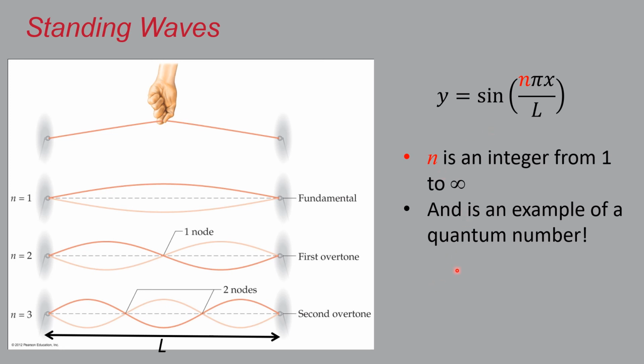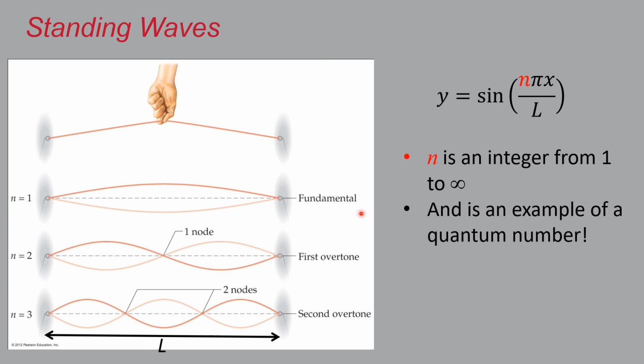These quantum numbers give final form to a generic function. So this right here, y equals sine of n times pi times x over L, is an example of something we call a wave function. It is just like what it sounds like: a function that describes a wave, in this case, a fairly straightforward one. Now, as I said, a lot.